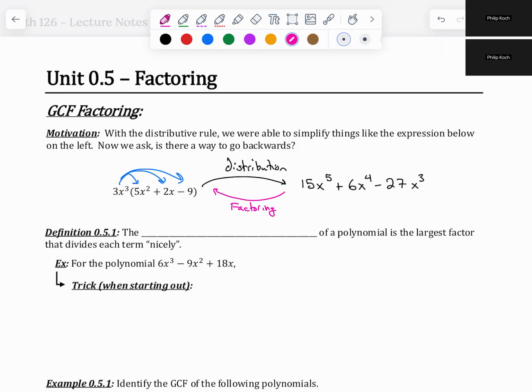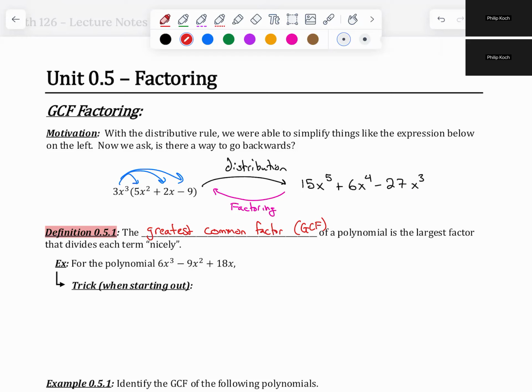So, first definition. The greatest common factor, or colloquially GCF, because I don't want to write out greatest common factor. I'm definitely going to get carpal tunnel soon enough as it is. It takes way too long.